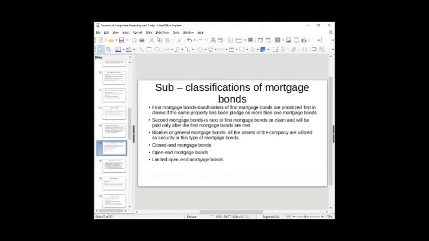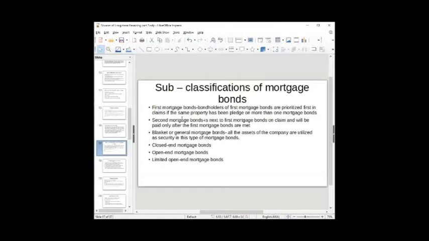In case of default of payment of the issuing company, the property that is the security in that mortgage bond, the first mortgage bondholder has the priority in receiving the payment of his bond. So the remaining 2 million will be the value to be received by the second mortgage bondholder.